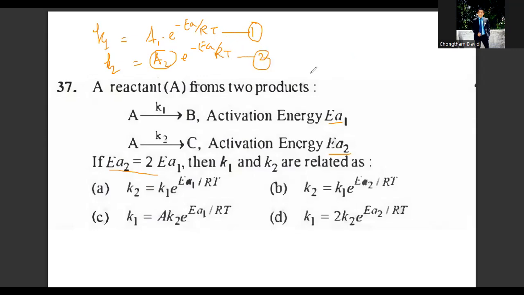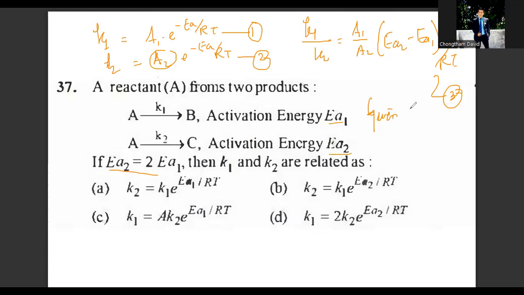So when you divide equation 1 and 2, you would be getting an equation. The exponent gets subtracted: Ea2 minus Ea1, our activation energies, divided by the product of gas constant and temperature. Let us say this is equation number 3.